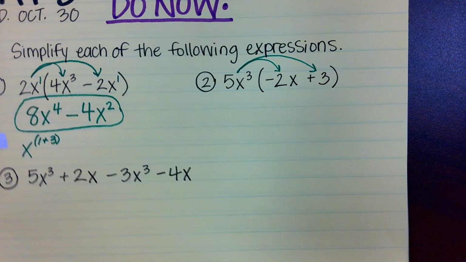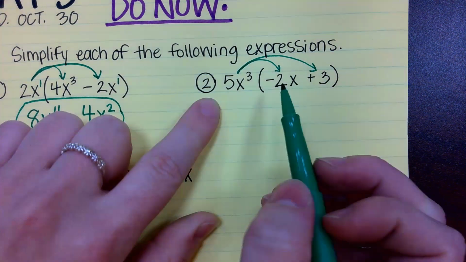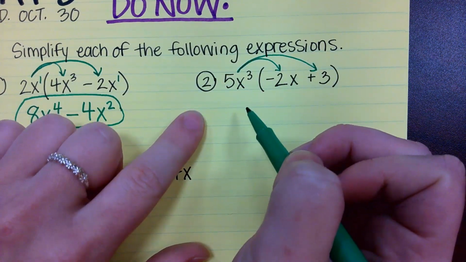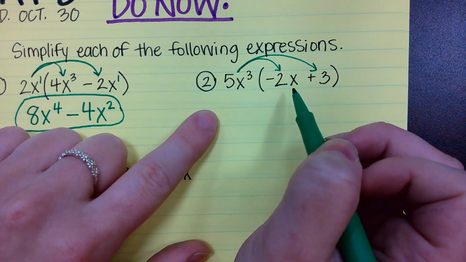Who would like to explain to me how I'm going to find 5x to the third power times negative 2x? Yeah? Multiply. Tasha, do you want to walk us through it? I saw your hand up. Yes, ma'am. All right. I'm going to do 5x to the third power times negative 2x.